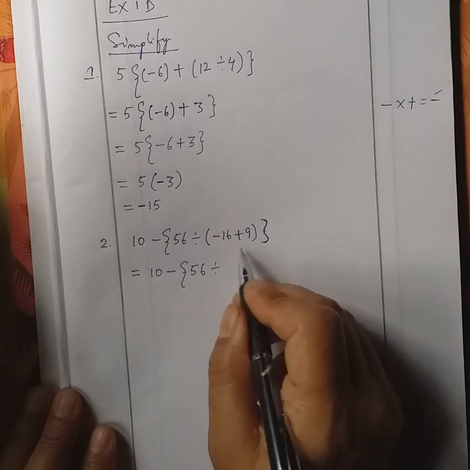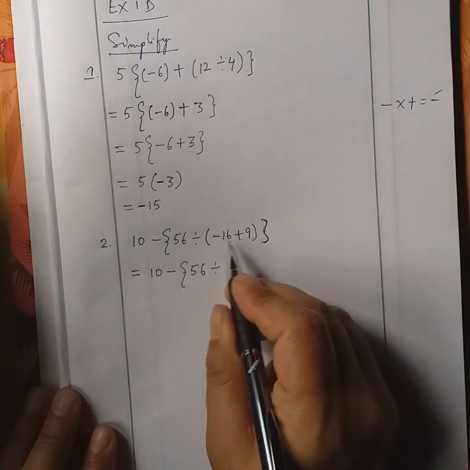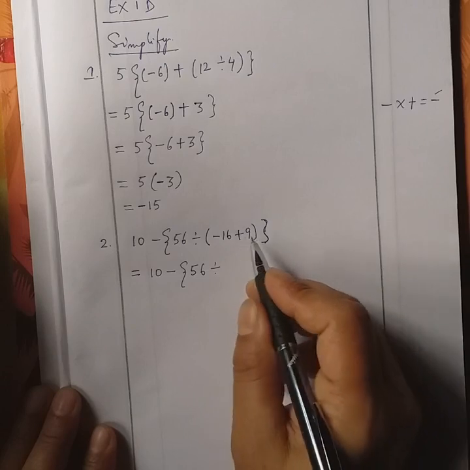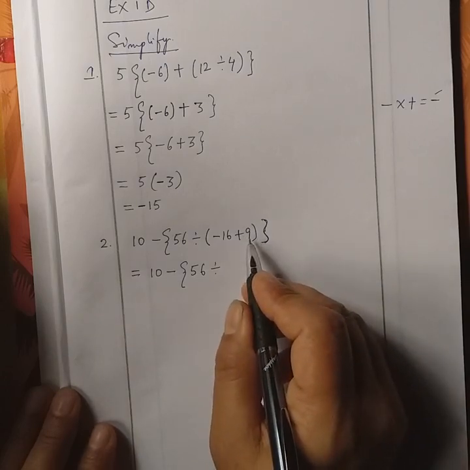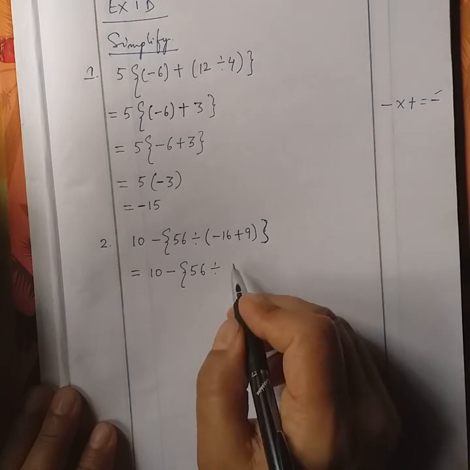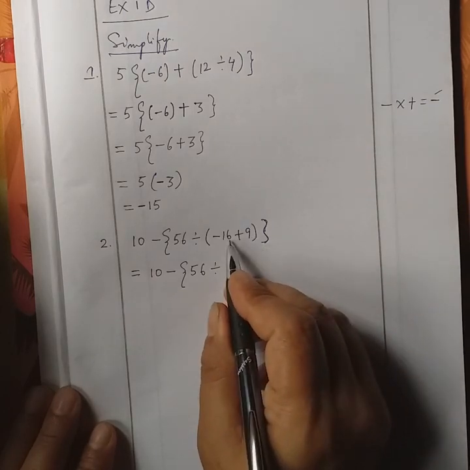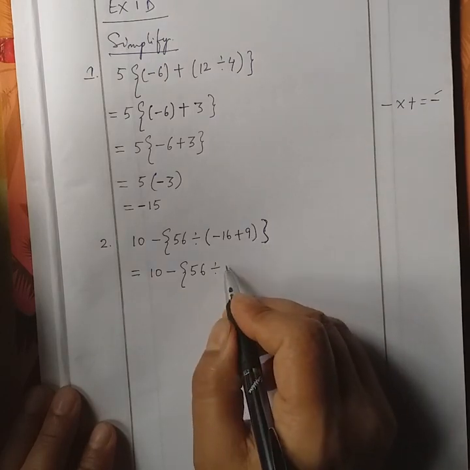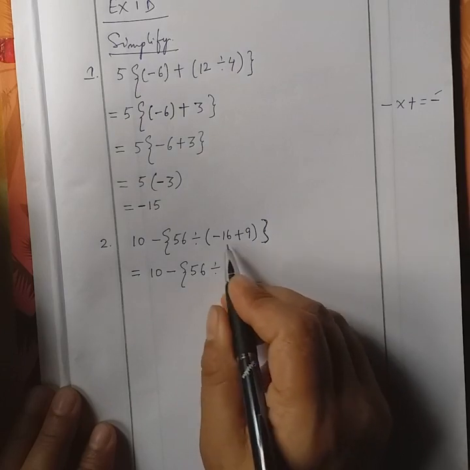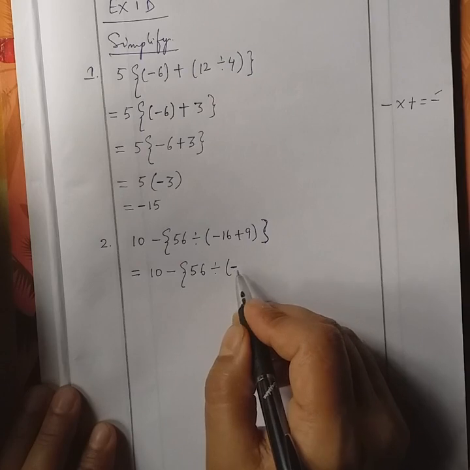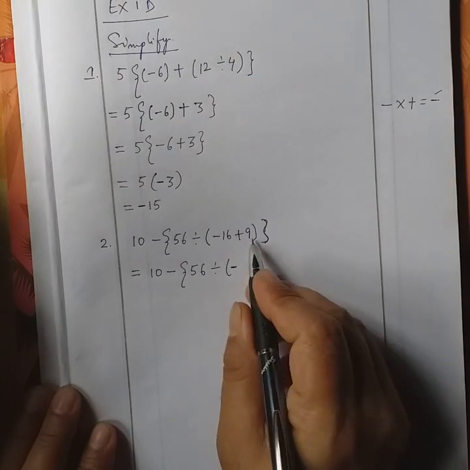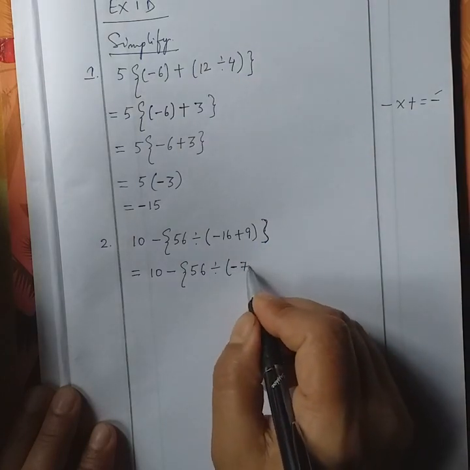Inside this bracket is how much? Negative number, positive number, minus into plus, minus. So 16 minus 9 is how much? 7. Which one is the bigger number? 16 is the bigger number, so the sign will be minus. The bigger number's sign is minus, so the sign will be minus here, and we have to subtract. 16 minus 9 is 7.